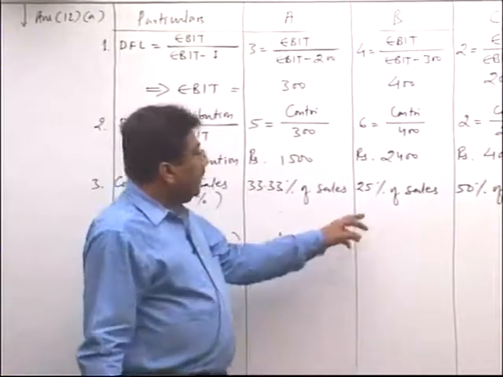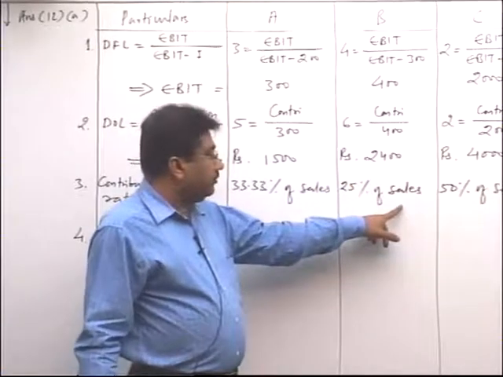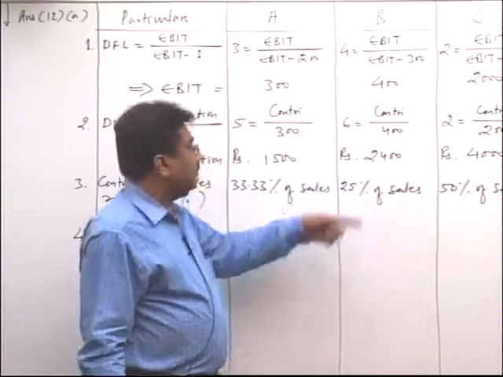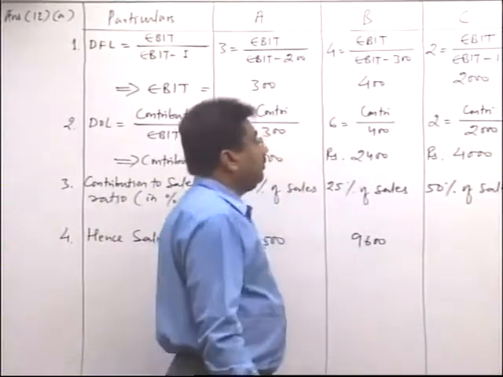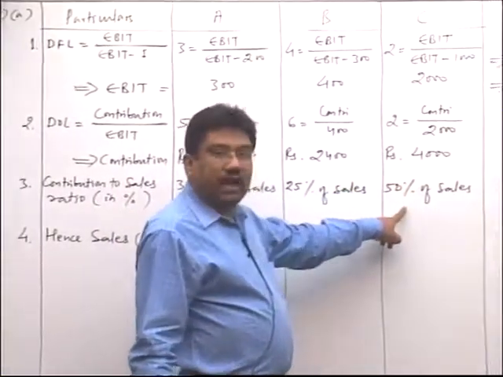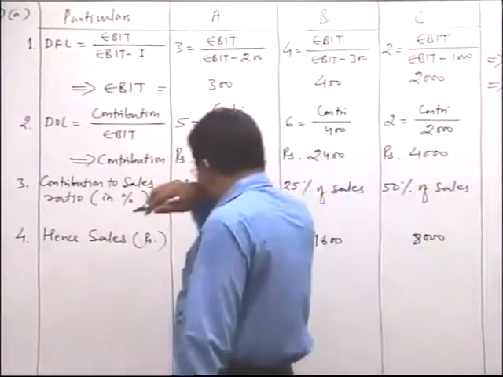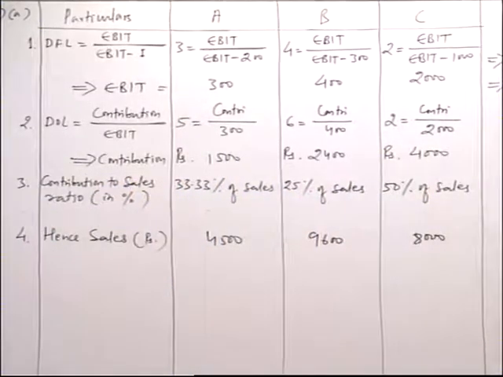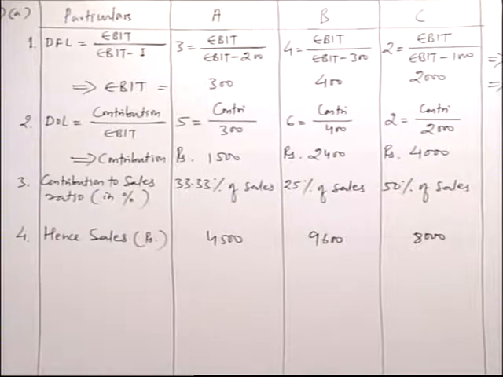Same way, in case of company B, this 2400 rupees is 25% of sales, so sales will be 4 times 2400, that is 9600. And in case of company C, this 4000 rupees of contribution is 50% of sales, means half of sales, so sales will be rupees 8000. So by this we have found out sales of all the 3 companies. It comes to 4500, 9600 and 8000. Now please write it down, and thereafter we will prepare the income statement.